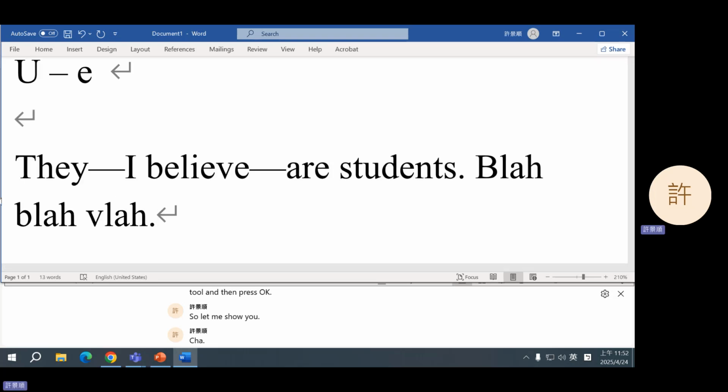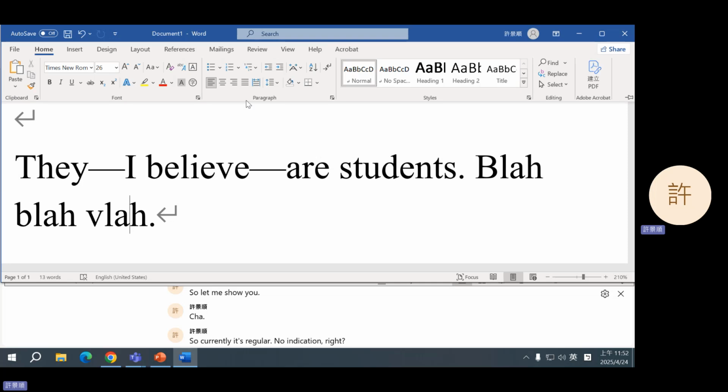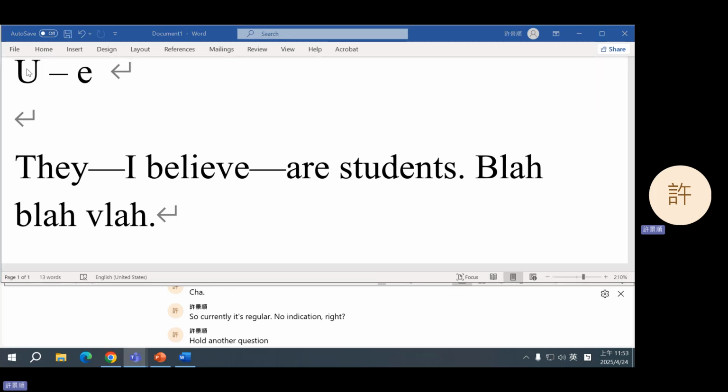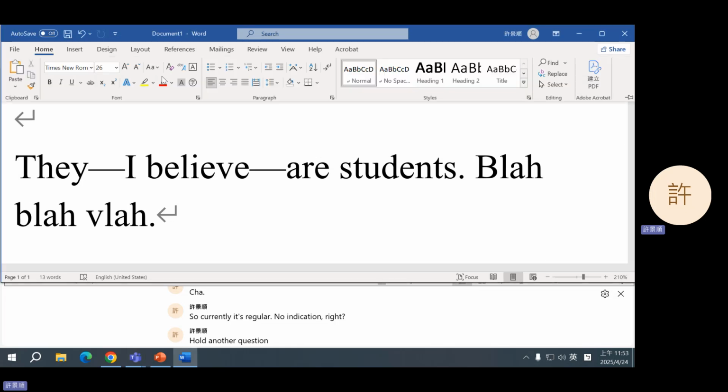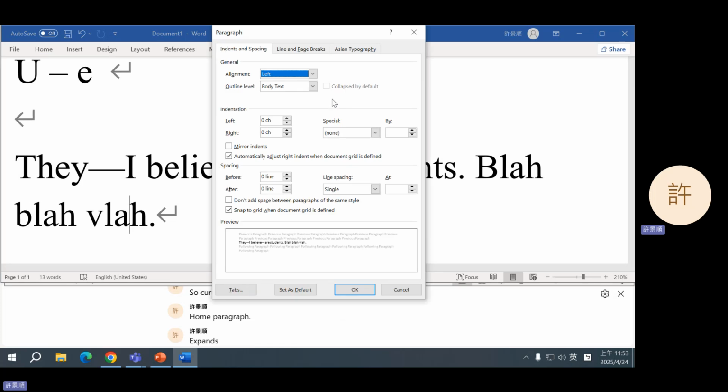Okay, so currently it's regular, no indentation, right? Home, paragraph, expand, indentation, special, hanging.